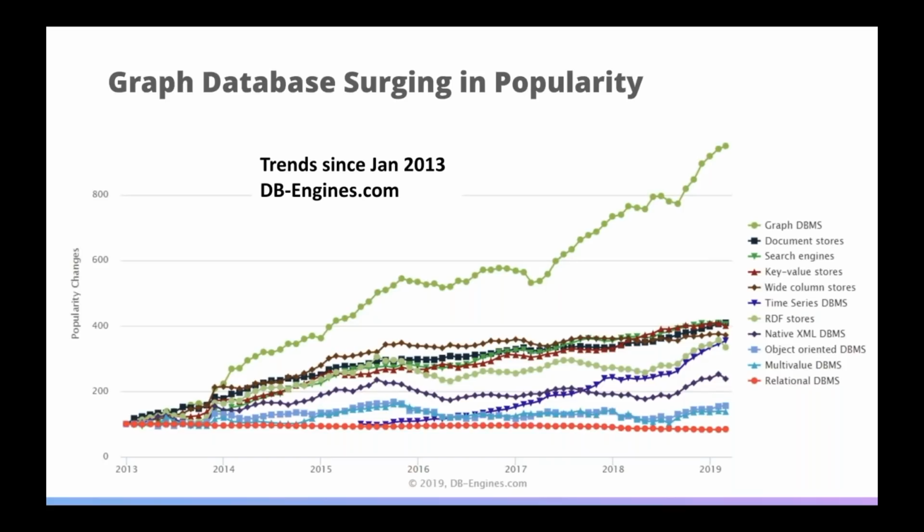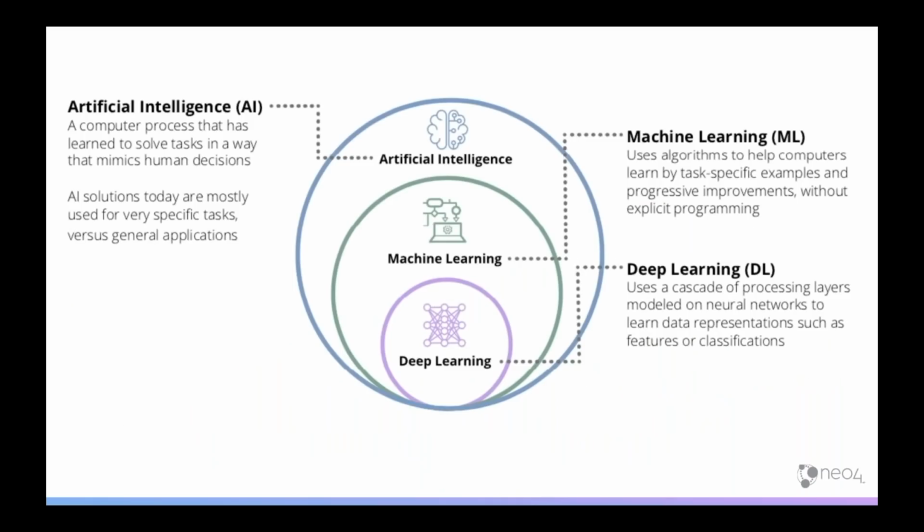This is a report from DB-Engines looking at the popularity of different database platforms. As you can see, that top green line, the popularity of graph databases, is surging right now.